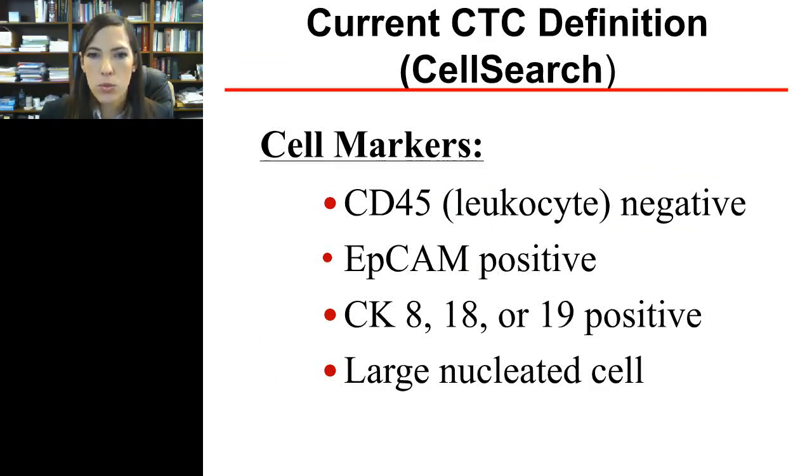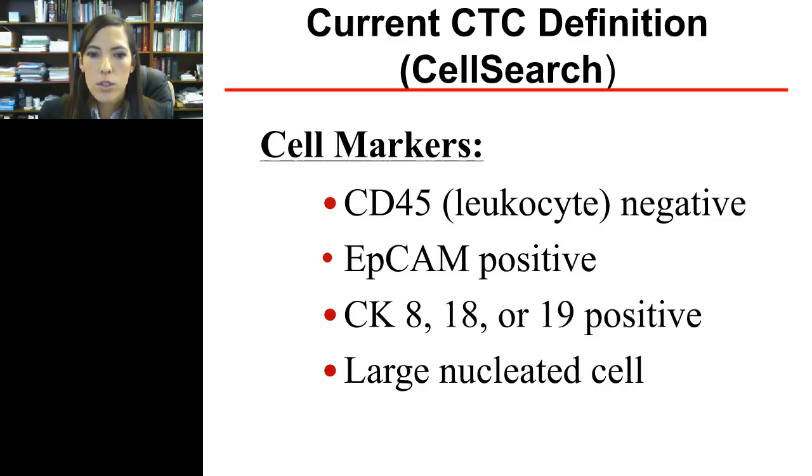So what is a circulating tumor cell? The current definition, most people agree, is the definition that's given by CellSearch, which is the only FDA-cleared method for enumerating CTCs. And they define a circulating tumor cell as a large nucleated cell, one that is CD45 negative. So CD45 is a marker for leukocytes, so it is not a hematopoietic cell. These cells are epithelial cell adhesion molecule positive, or EpCAM positive, which is a marker of epithelial cells.